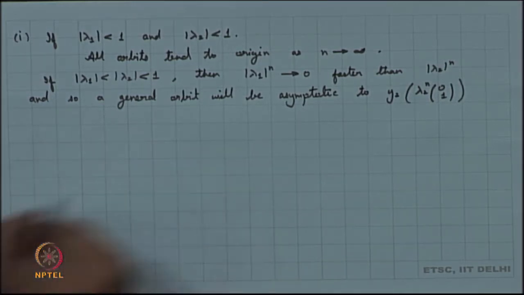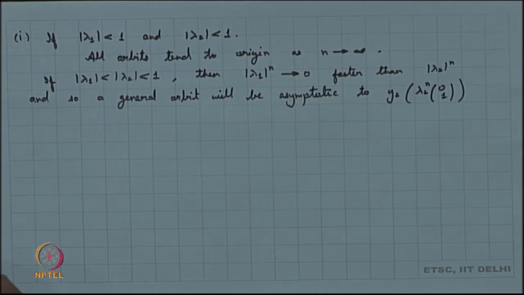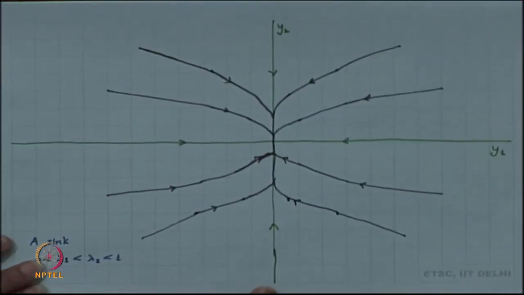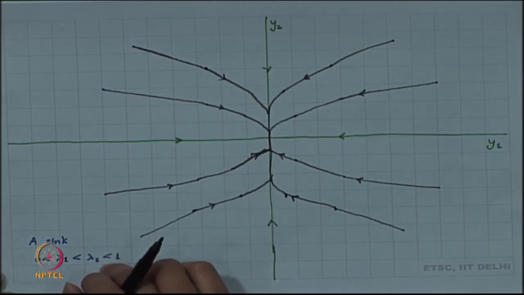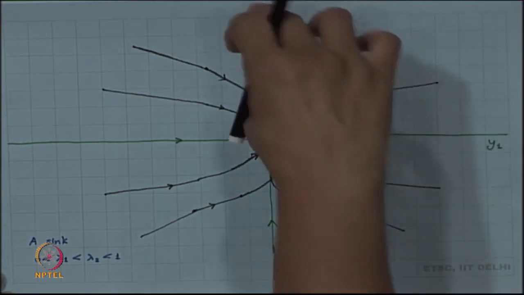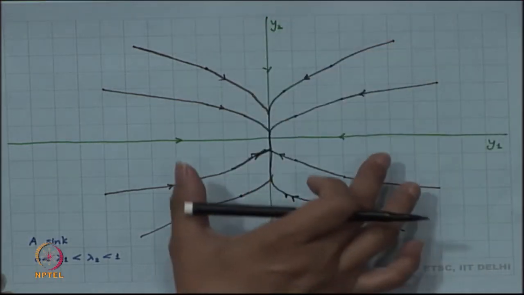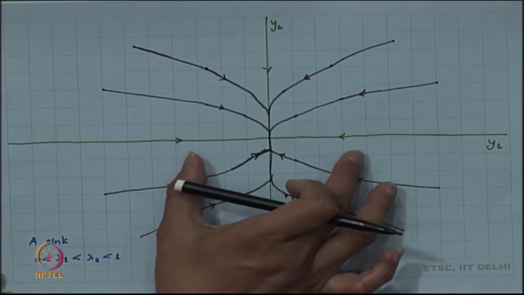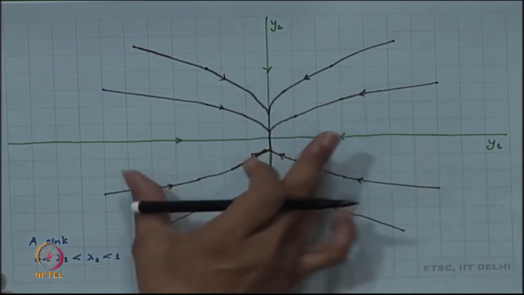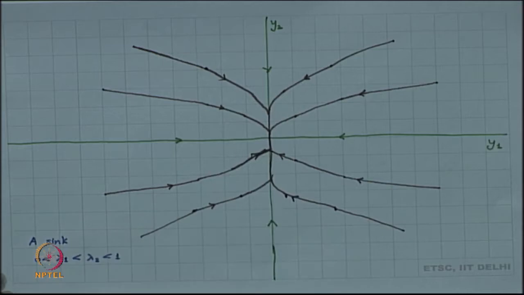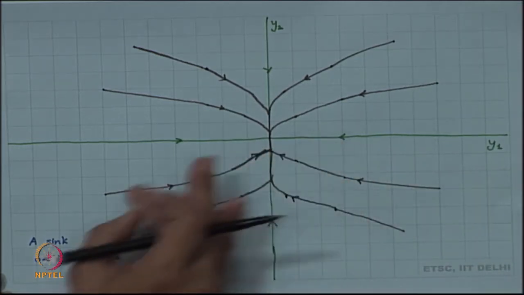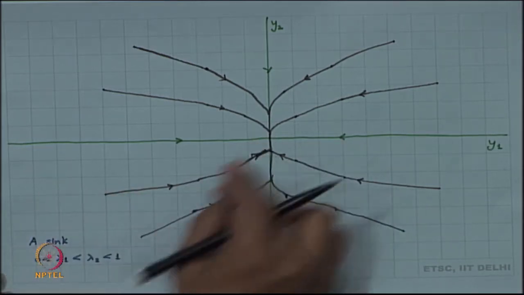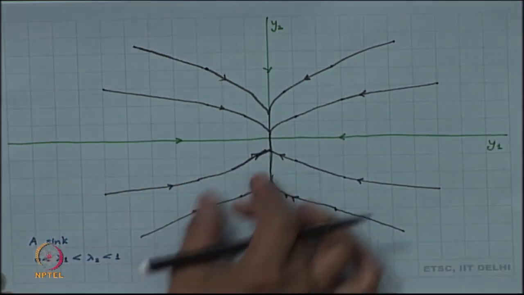On the other hand, let us try to look at the picture here. What happens when lambda 1 is less than lambda 2, which is less than 1? You have this direction of y1, and this direction of y2. In the direction of y1 and y2, since the eigenvalue is less than 1, it is converging to 0. But now lambda 1 is tending to 0 faster than lambda 2. So, every orbit, from wherever you start, will first be converging towards y2.